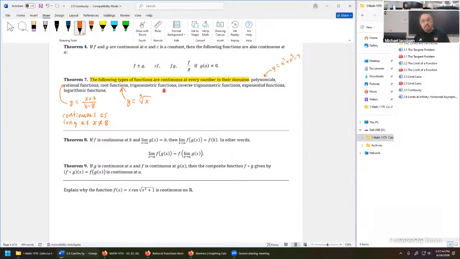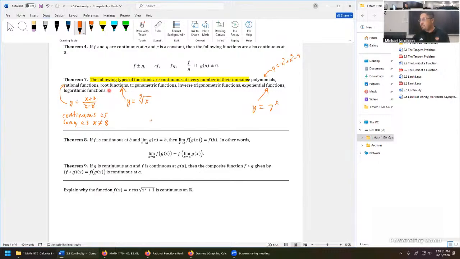Tangent, cotangent, secant, cosecant, they all have exclusions, values not in the domain. But for all of their values in the domain, these functions are continuous. Same for their inverses. And the exponential functions, say y equals 7 to the power of x, are all continuous on their domains. These have domains all real numbers.